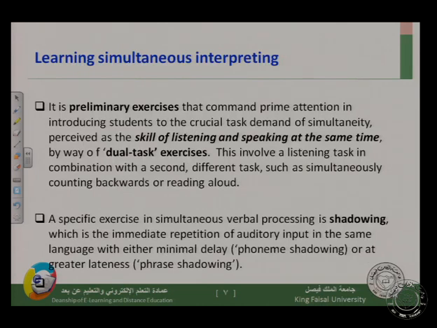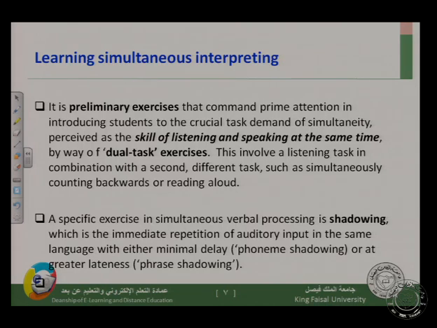Now, how to? This is really whispering. It could take place between, for instance, kings or queens or presidents. You sit here as an interpreter. I'm sure you must have seen, for instance, the president of this country and the president of that country.